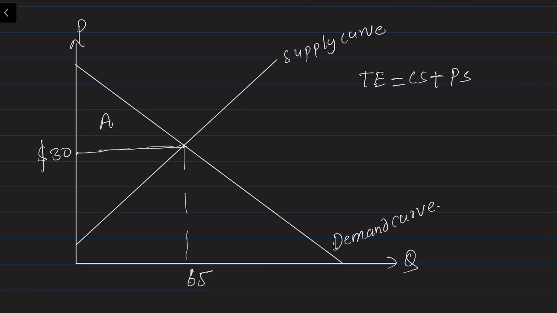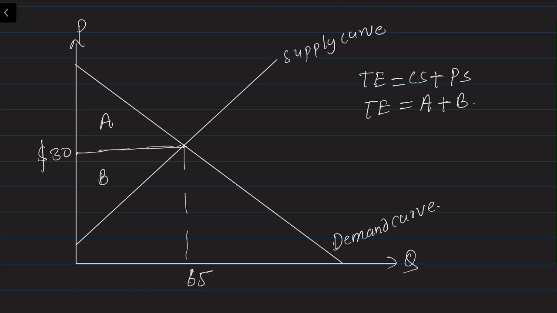So the area of this triangle is the consumer surplus, right? Let's call it A. Now what is the producer surplus? The producer surplus is the area below the price and above the supply curve. The area of this triangle, let's call it B. So the total economic surplus is the area of triangle A and the area of triangle B.